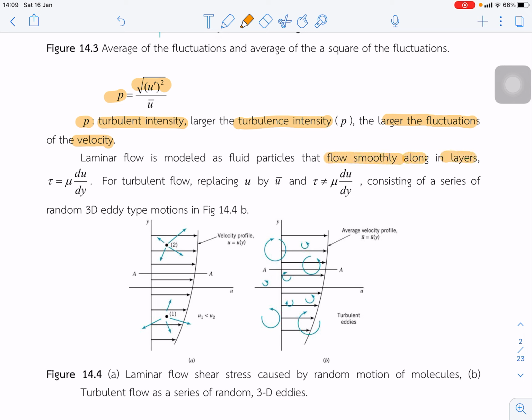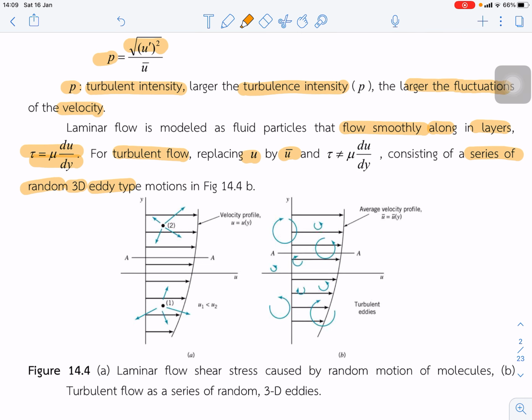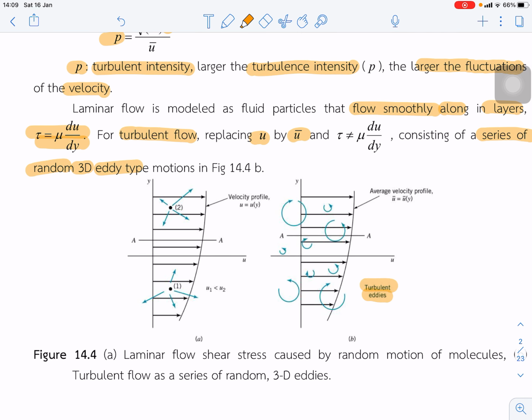We can explain it using the equation for shear stress as a function of the velocity gradient. But for turbulent flow we replace u with u bar, so this is not equal, and it consists of random three-dimensional eddy-type motion. You can see the turbulent eddy for the turbulent flow in the right-hand side.